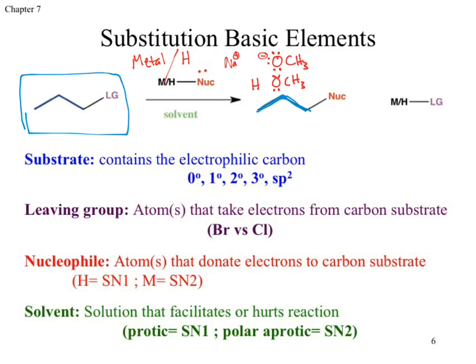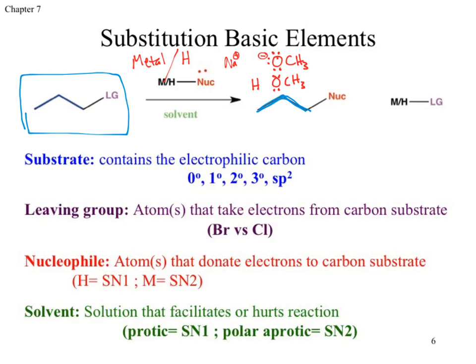When we look at the nucleophiles, you'll notice I'm bringing in some extra notations here, which will make a little bit more sense probably on Monday. If we look at our nucleophile and it's bound to a hydrogen, we're looking at an SN1 mechanism. If we look at our nucleophile and it's bound to a metal, we're looking at an SN2 mechanism. Okay? Any ideas why? What did we say happened to the nucleophile if it was bound to a metal? It was strong. What do you think is really important in an SN2 reaction?